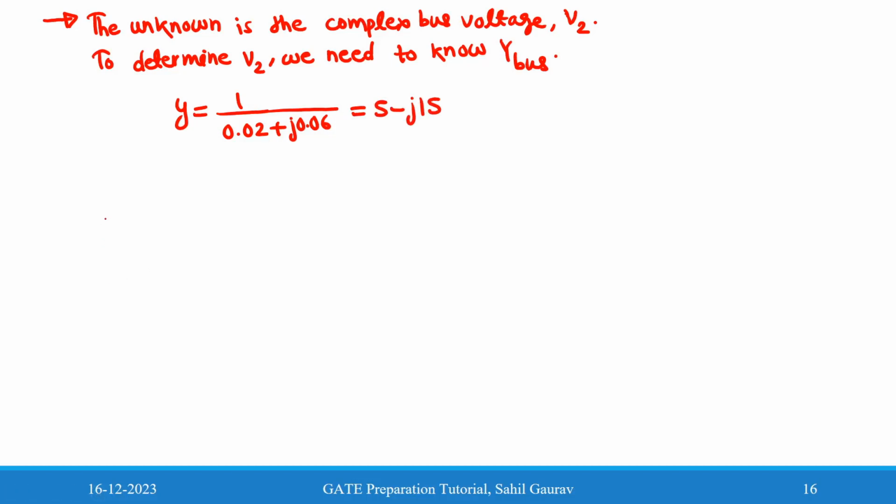And since shunt admittance is connected at bus 2, we can directly write Ybus.